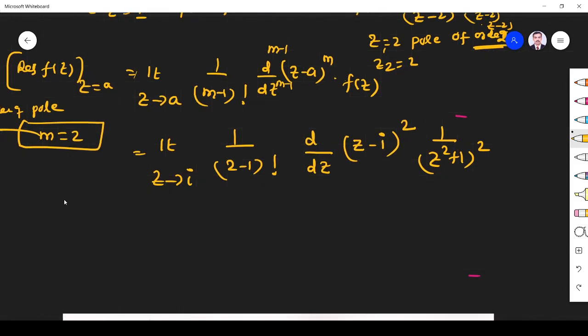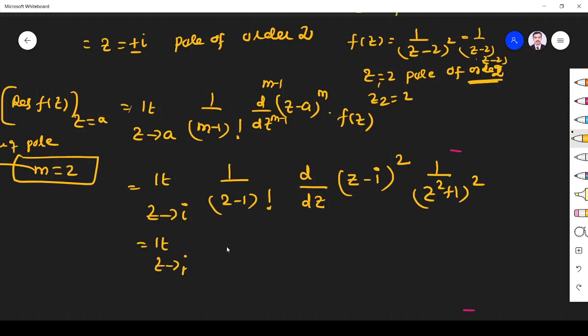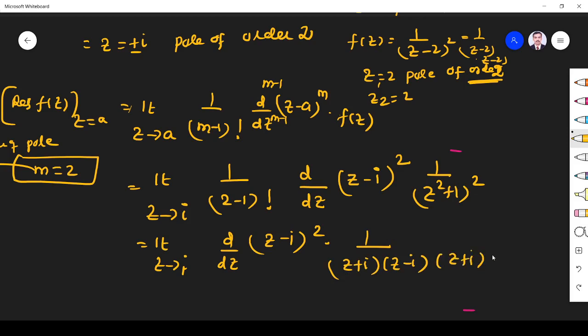Alright, so if you simplify, what we get is limit z tends to i, 1 by 1 factorial is 1, d by dz of (z minus i) whole square. Now z square plus 1 I can write as (z plus i) into (z minus i), so z square plus 1 whole square is (z plus i) whole square into (z minus i) whole square.